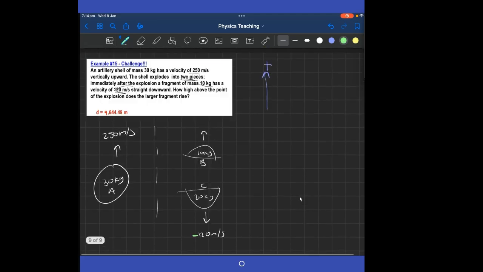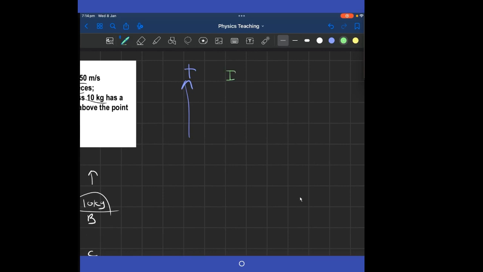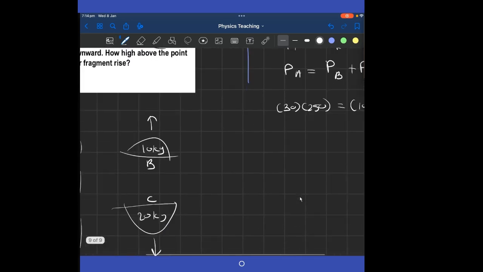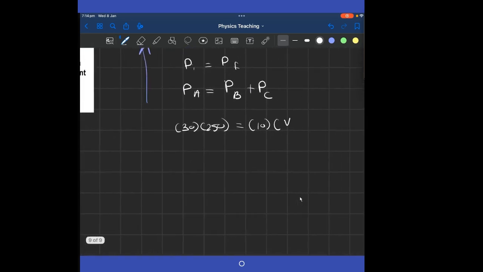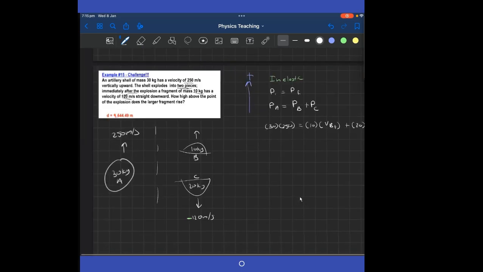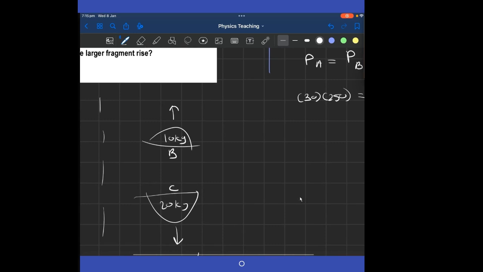Now we're going to solve it. So this is going to be inelastic. So the initial momentum is equal to the final momentum. The initial momentum of the artillery equals the momentum of the 2 constituents. So 30 times 250 is going to equal 10 times, and part B is going up now, so V of B finally plus 20, and, no, I had these flipped around, so this one is 20, and this one's 10.